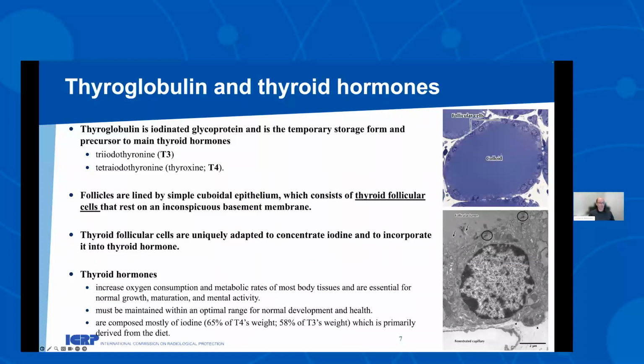You can see these microscopic actual photos. Follicles are surrounded by follicular cells, which produce the thyroid hormones, and this is an ultrafine structure with a scale of 2 microns, with the nucleus of follicular cells.